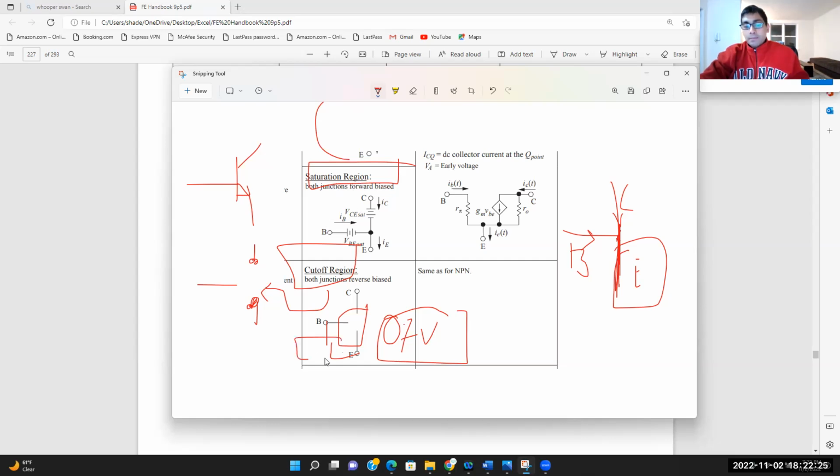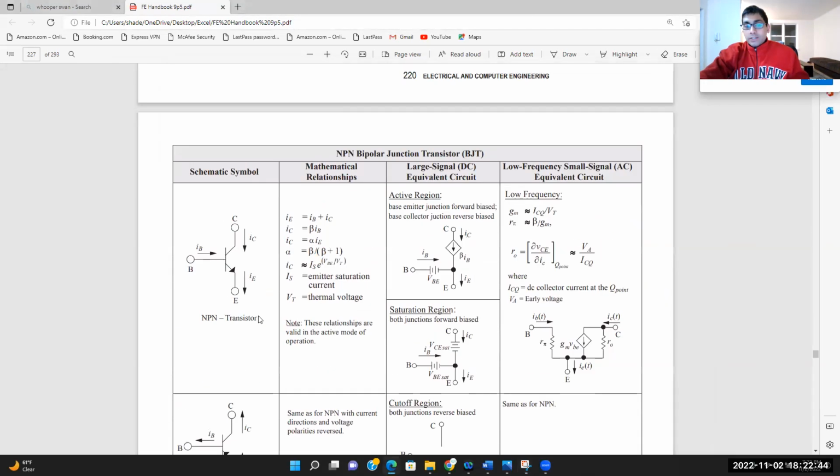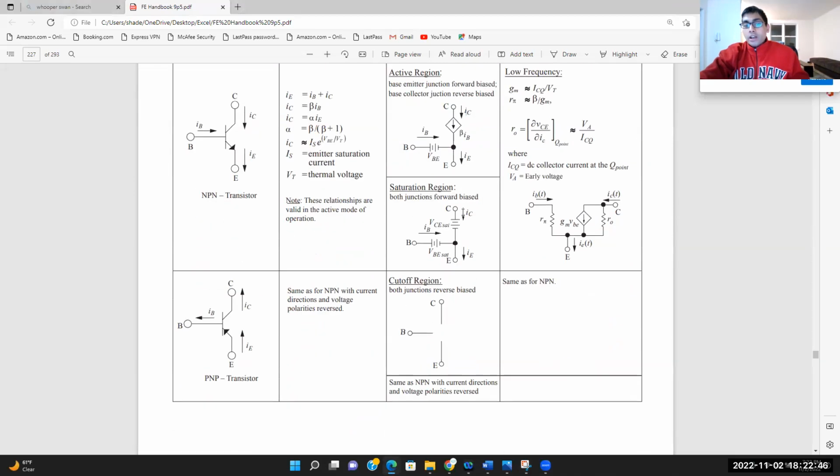But if I'm not applying that minimum 0.7 volts, it would be in the cutoff region. So it's like assuming there's no transistor at all. Once I start applying a voltage above 0.7 volt, it would be either in the active region or in the saturation region.